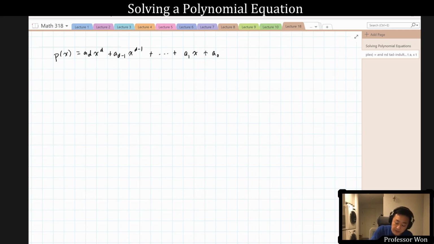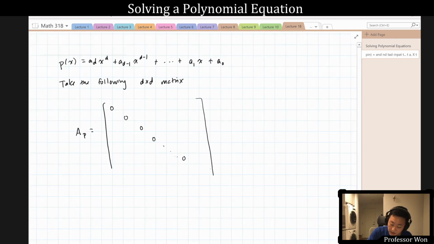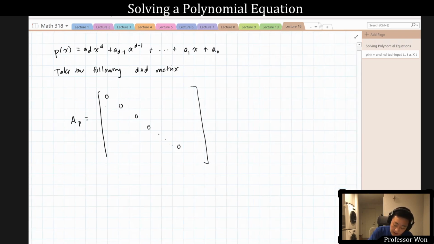And what we do is we set up the following d by d matrix, so that it has a chance to have a degree d characteristic polynomial. What you do is you put zeros along the diagonal almost everywhere, except not at the very last column. So I'll have d minus 1 zeros. Then you put ones underneath the zeros.